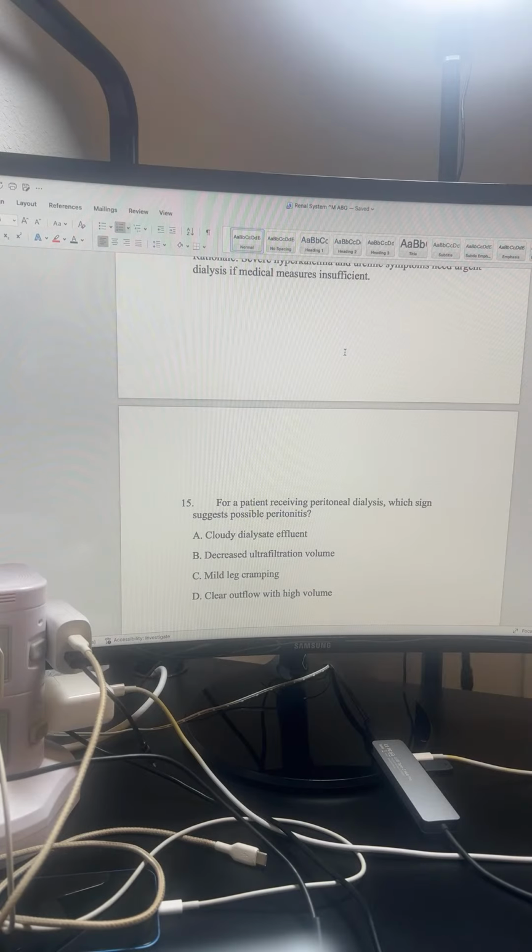For a patient receiving peritoneal dialysis, which signs suggest possible peritonitis? What is peritonitis, by the way?